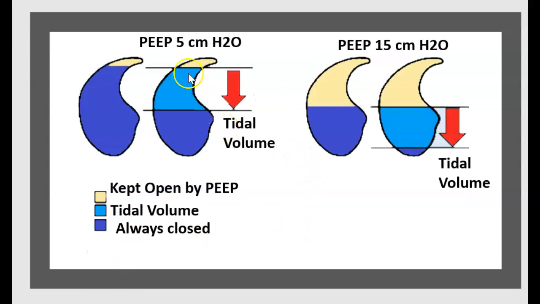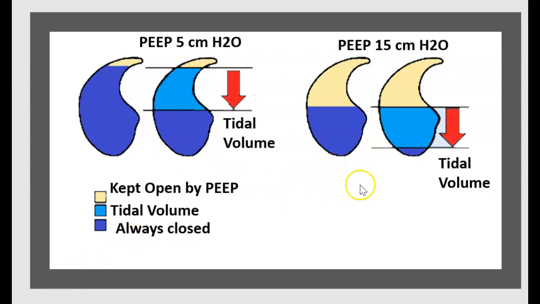Here is a comparison between PEEP of 5 centimeters of water and PEEP of 15 centimeters of water. The tidal volume is the same, but we see here there is an increase of volume with the increase of PEEP. Why?